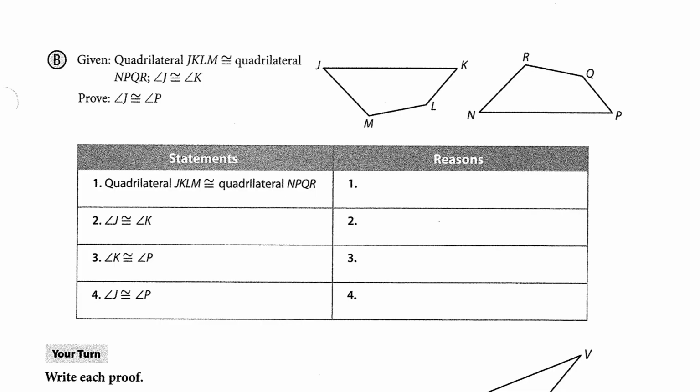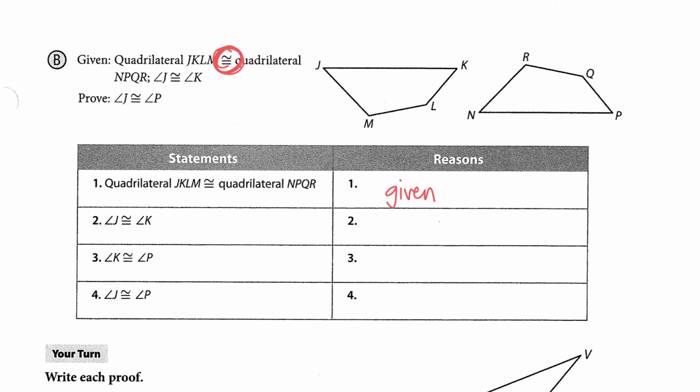In B, given quadrilateral JKLM is congruent to NPQR and angle J is congruent to angle K, prove that angle J is congruent to angle P. First, they start out by saying those two quadrilaterals are congruent. That was a given.